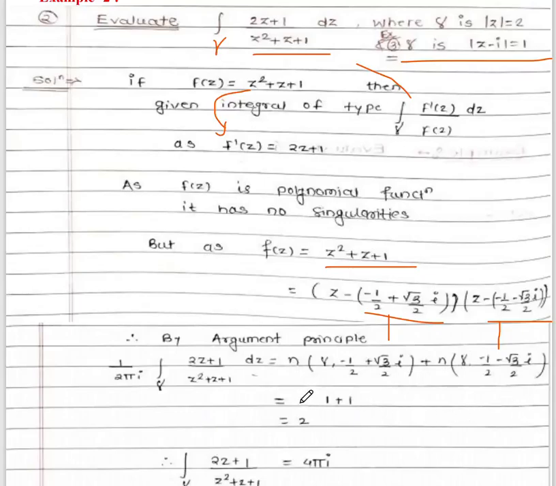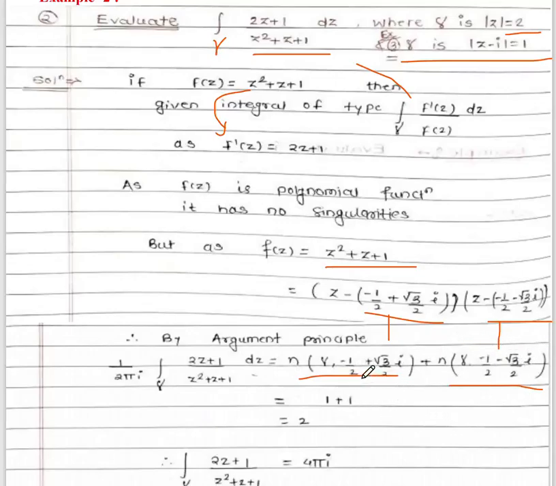The value of the index of the closed curve at this point will be 1, and also the value at that other point will be 1, because we have been given a circle whose center is 0 and radius is 2. So these points will be inside the circle.